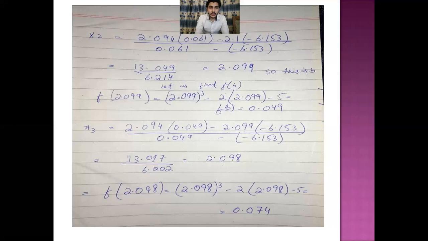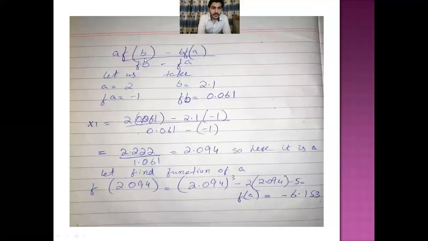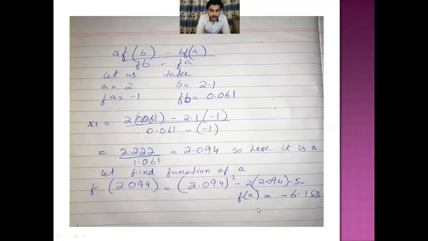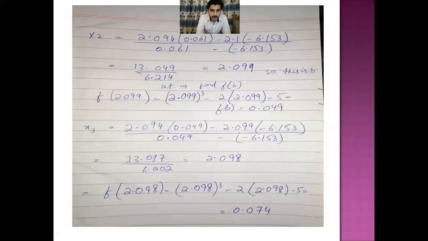continue this process, put into the formula, in this formula, and then again change into the function in this formula until we have got the same values, like here we have got 2.099 and 2.098.